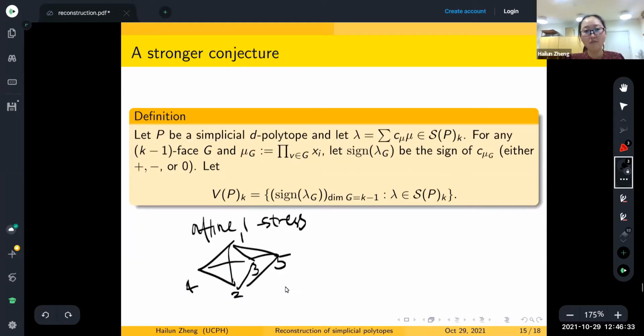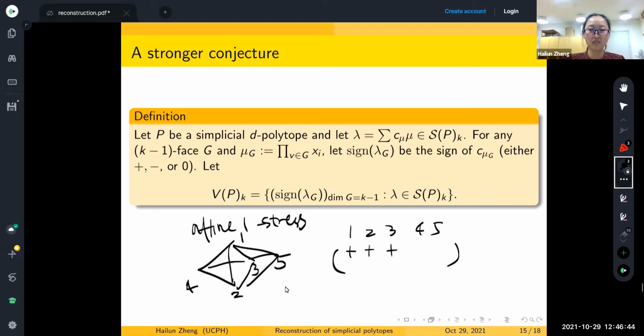And then I know that an affine stress is always something that looks like this. I don't care about the numbers. I just need to write down the signs. If the signs for 1, 2, 3 are positive and 4, 5 are going to be negative, or the other way around, these are the only 2 possibilities. Okay, so this is basically the vectors in V_P of 1 in my example.